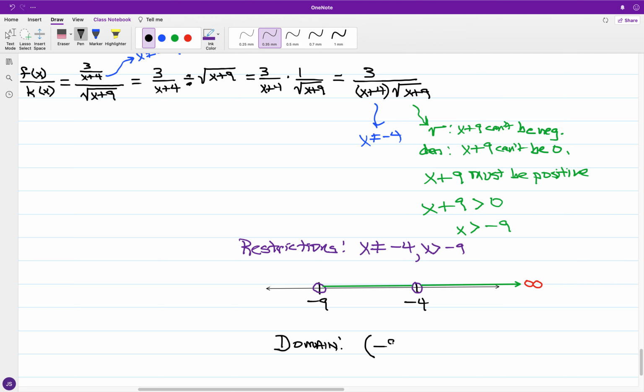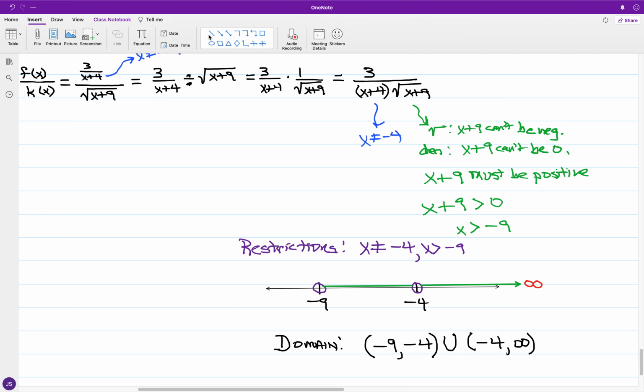So you have going past negative 9, approaching but not including negative 4. And for the rest, you have those values of x that will be greater than negative 4. Okay, so for this last problem, that is going to be the final result.